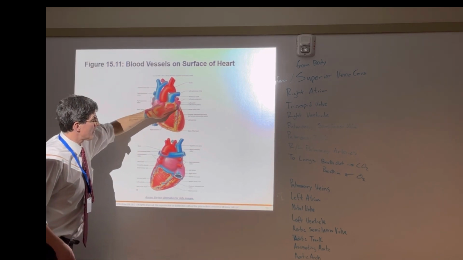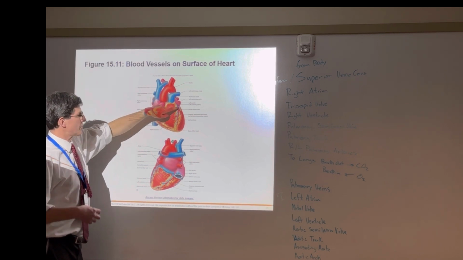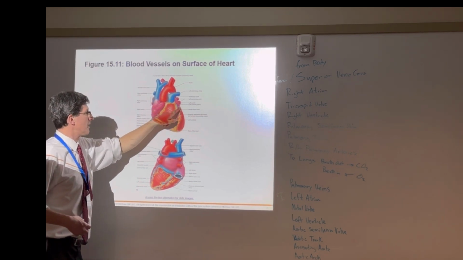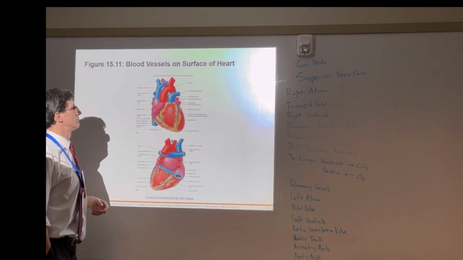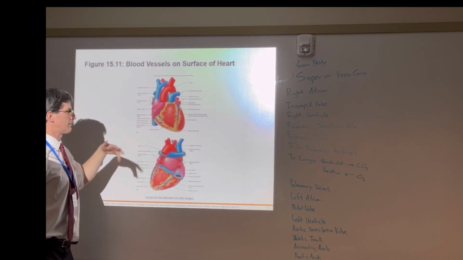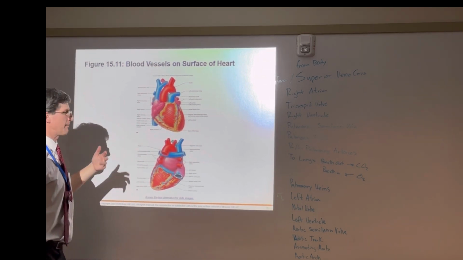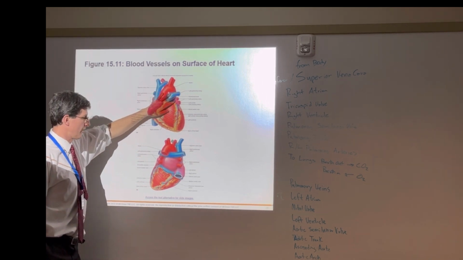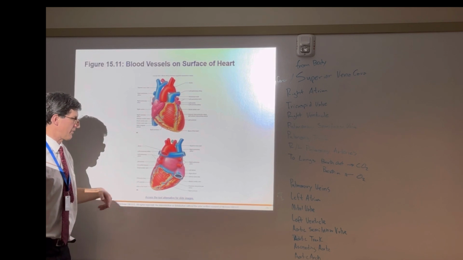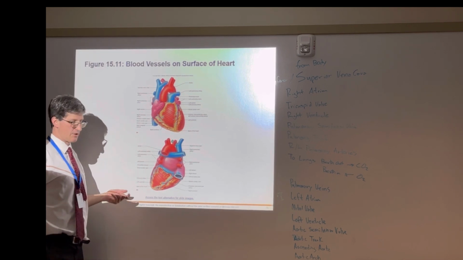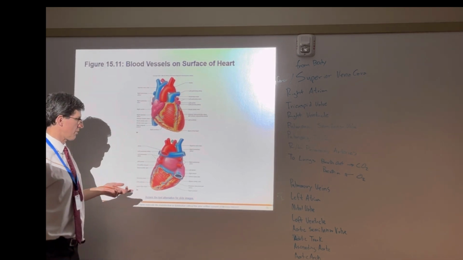And then there's another artery, the other branch of the left coronary artery, which continues around. You can't really see it here, but it goes around the back of the heart, and it's called the circumflex artery. And there's different types. You have a left marginal, and so forth. But it goes around the back of the heart, and then it merges with some of the other blood vessels on the back. And it creates a collateral circulatory system.